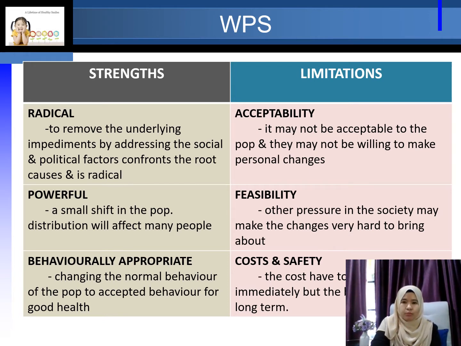The approach itself is powerful because shifting the population distribution will affect many people. As you can remember from the previous graph, we shift from the A graph to the B graph, from the harmful environment to the lesser harmful environment. So it affects many of the people under the graph.